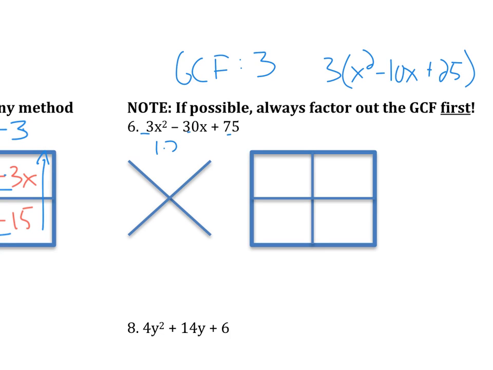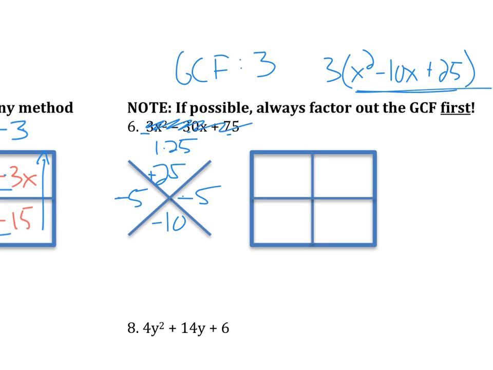Our C is 25 because we're using that new one. So this one goes away and we're now using this here. So that's 25 on top. And then our B is a negative 10. So as we check that, since this is positive, we know both these signs are the same, and that's negative, so those are going to be negative. And multiply to 25 and add to negative 10 is a negative 5 and negative 5.